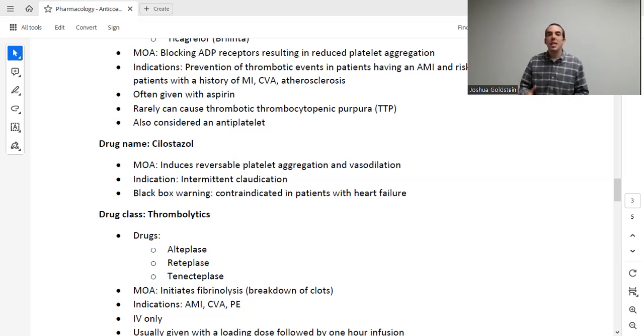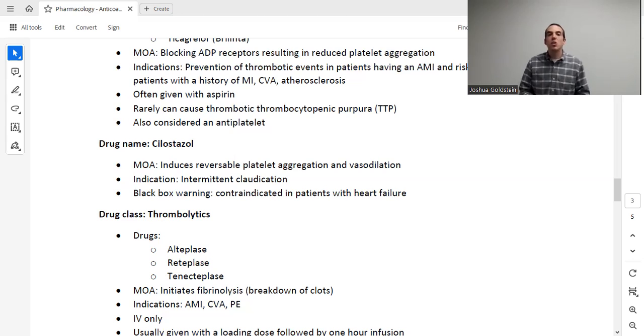Intermittent claudication is where a patient has an issue with their perfusion based on whether they're at rest or whether they're active. And this medication, between the reduction of platelet aggregation and the vasodilation, is something that we use to address that. This isn't a very common medication. We're not going to go real deep into it. Do know it has a black box warning that it's contraindicated in patients with heart failure.